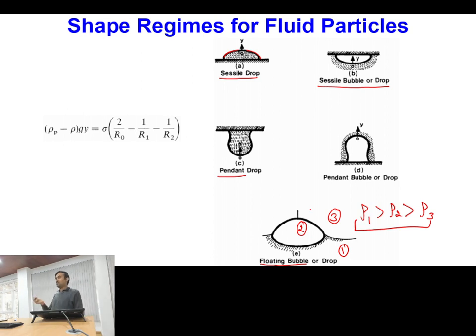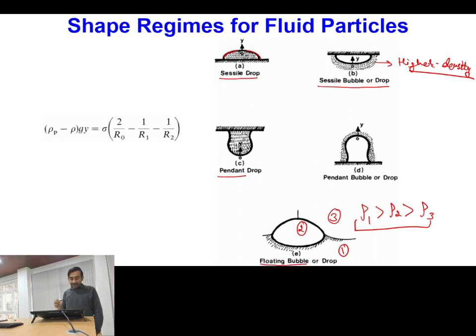If there is imbalance of the forces, then of course there will be a change in the shape. And the third important point I highlighted: all these hatched portions are nothing but representing the higher density, and the portion which is white, not provided with any other color, is nothing but representing the lighter fluid.